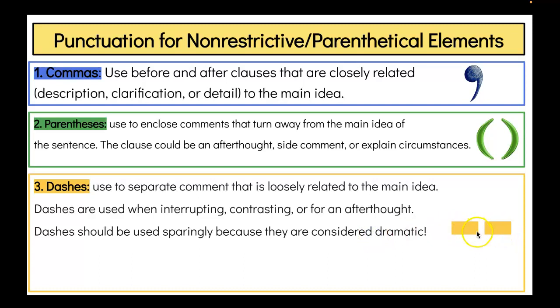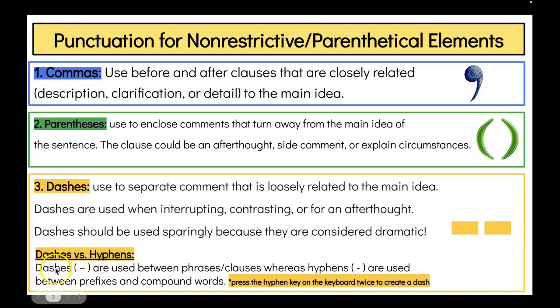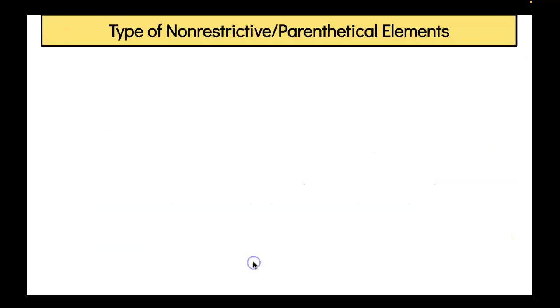When you're typing, you would use two of that punctuation mark. So dashes are used between phrases and clauses, whereas one, you'll see that this one's a little bit shorter, would be just like one of these. Those are called hyphens, and they're used between words, so between prefixes and compound words. But dashes we would put between phrases and clauses, like groupings of words.